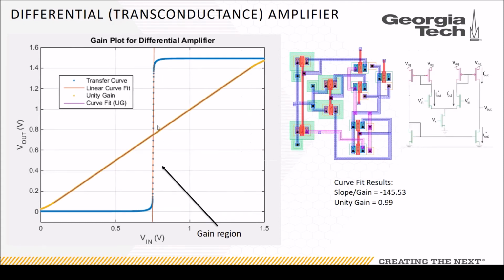As you can see, in the linear or gain region in the middle, we have a slope of about negative 145. Then we do a unity gain setting, where we link the V2 input together, and we get a unity gain transfer function with slope slightly less than 1.